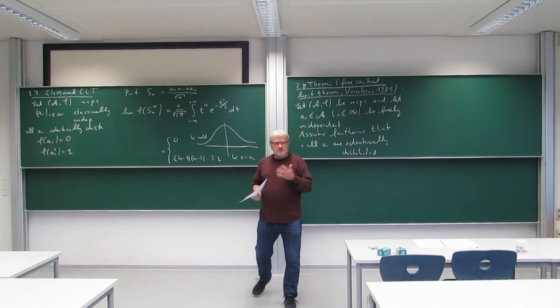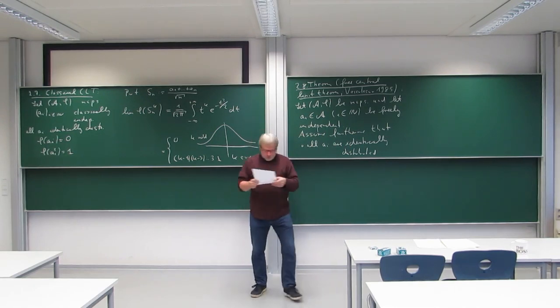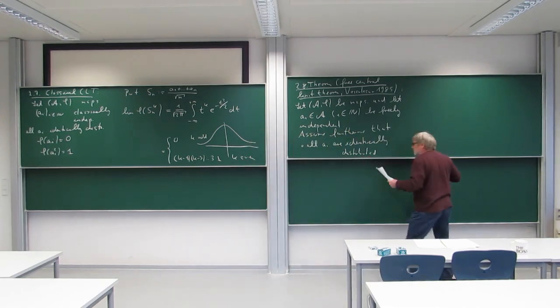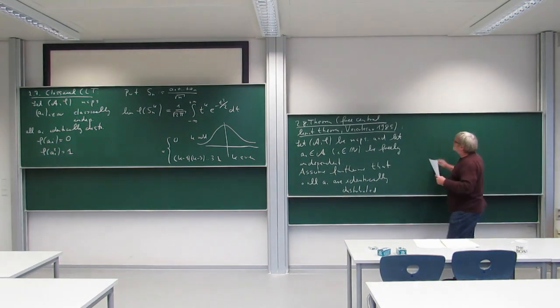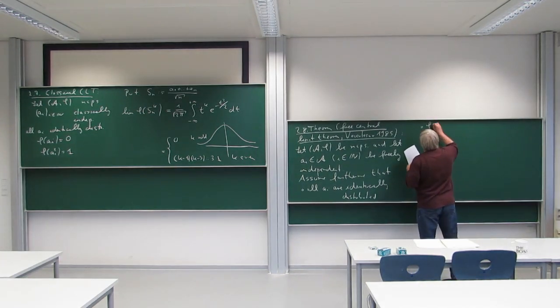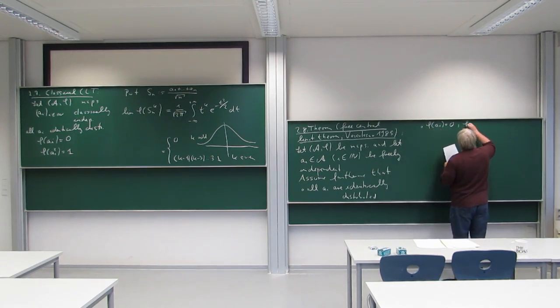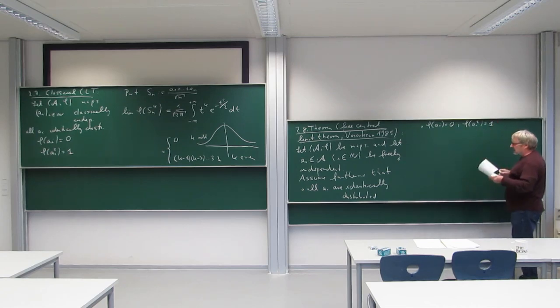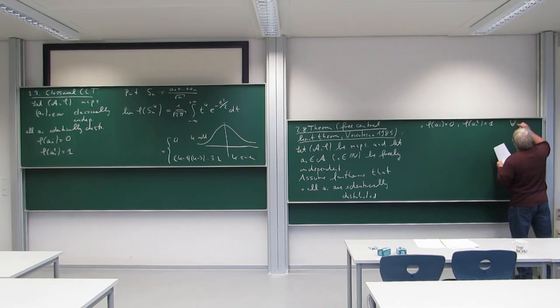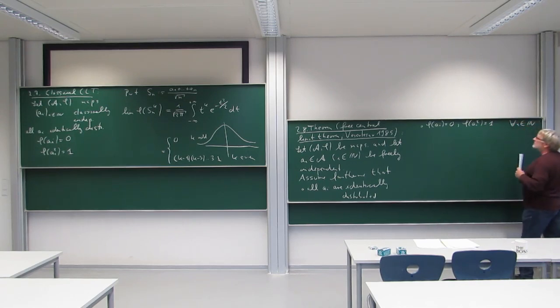And now we make again some assumption about the first and the second moment, as in the classical context. Namely, the first moment is 0, and the second moment is normalized to 1. They are identically distributed, so those moments are the same for all our variables, for all i.